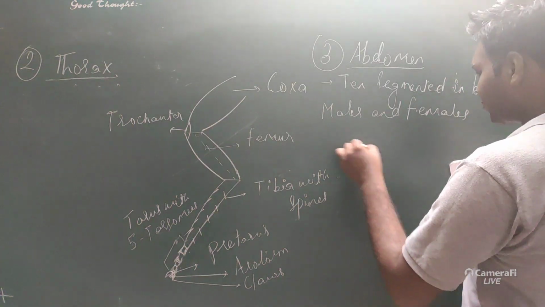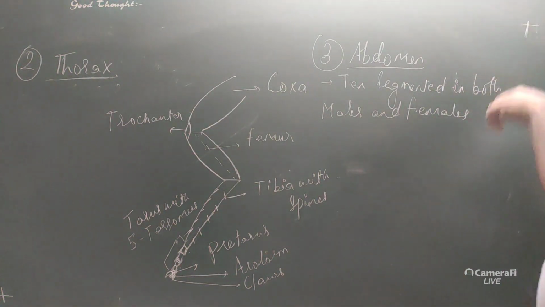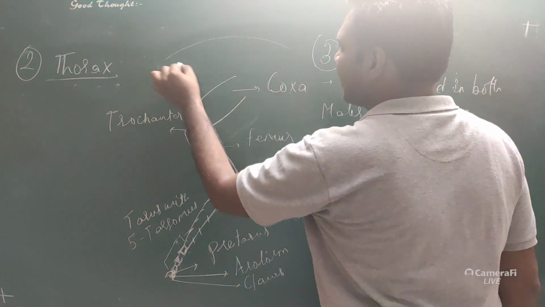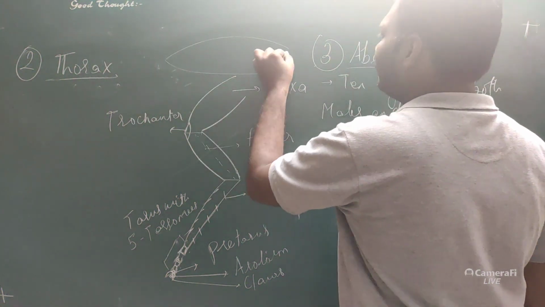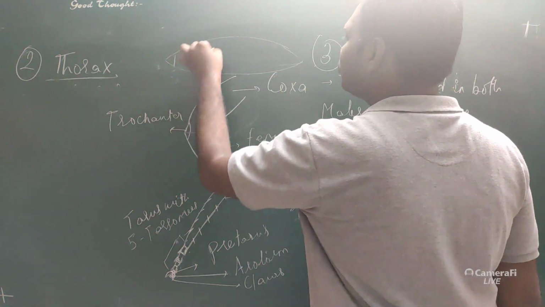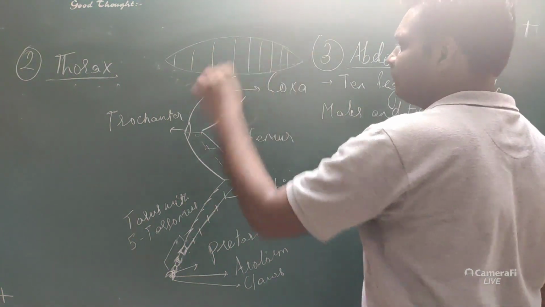Now if you look at the structure of the abdominal part, as we have also discussed in the previous diagram, suppose this is the abdominal part, which has 10 segments: 1, 2, 3, 4, 5, 6, 7, 8, 9 and 10, like this.